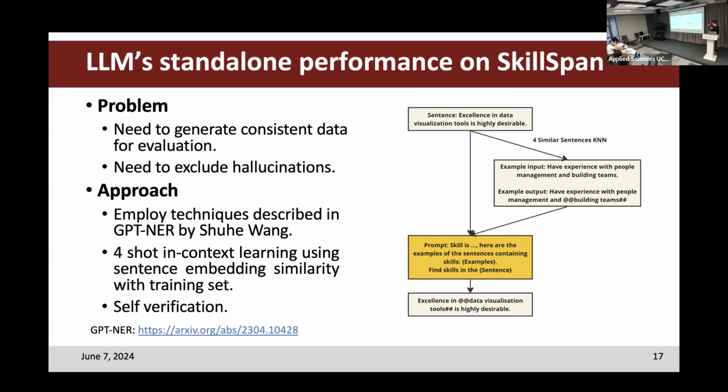As you can see on the diagram, we select a sentence we want to evaluate. Then we select 4 sentences similar to it using embedding similarity. Then we incorporate everything into the prompt and get the result.